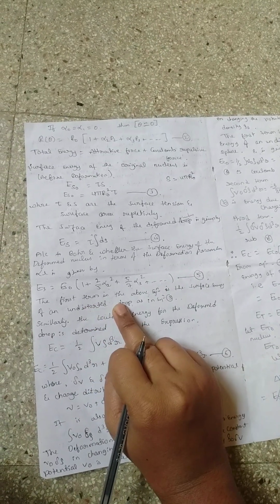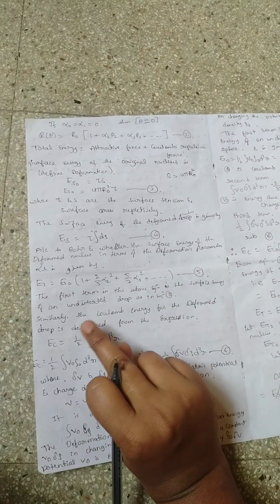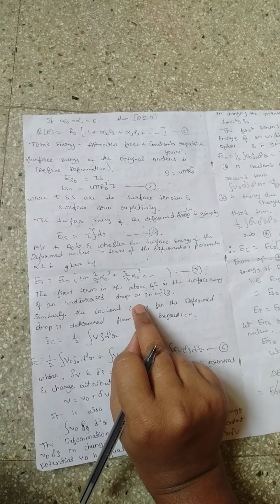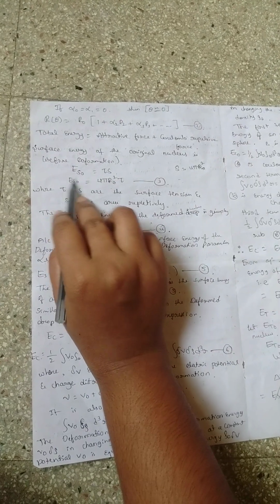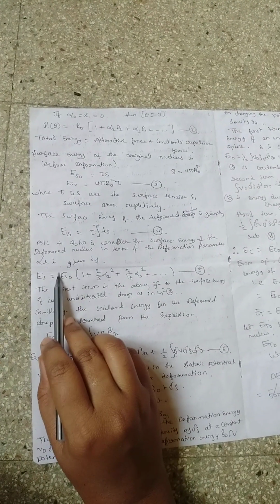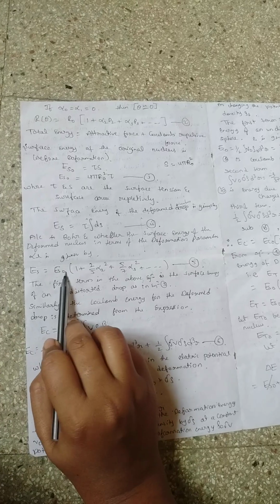The first term in the above equation is the surface energy of the undistorted drop, E of S naught from equation number 3.